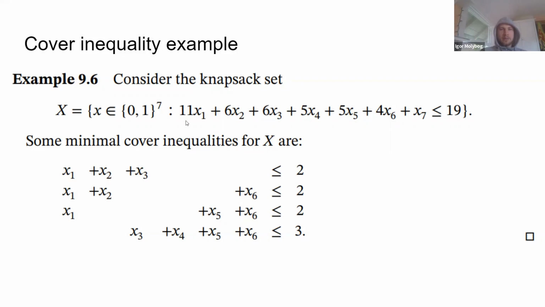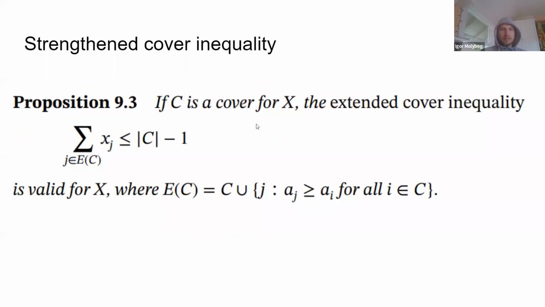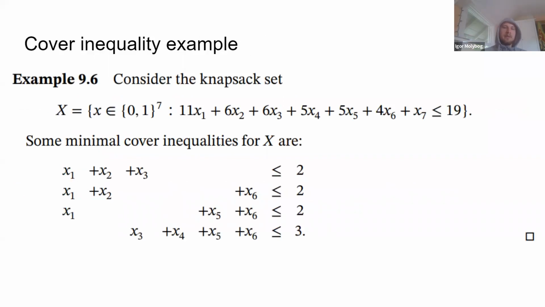To show that it's a cover, we just need to sum up 11, 6, and 6 and show that it's greater than 19, which is obviously the case. Essentially this is enough for us to construct an inequality like this.